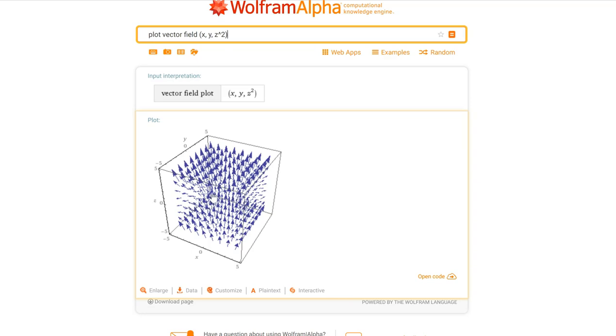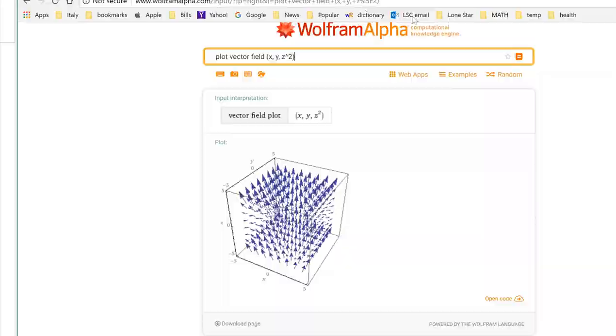The divergence measures how much it goes out from a point. So if the divergence is small, the vectors are going to be pretty small in that area. The higher the z values are, the more the divergence is, so the more outward it goes. All right.